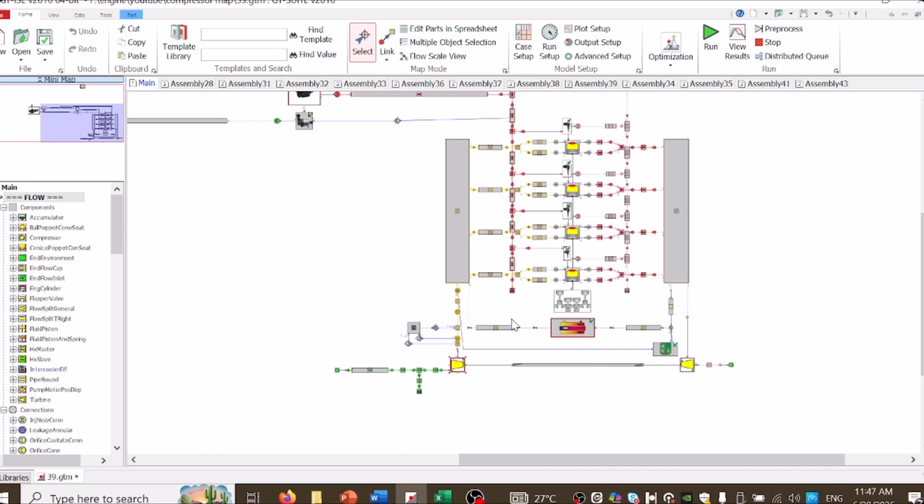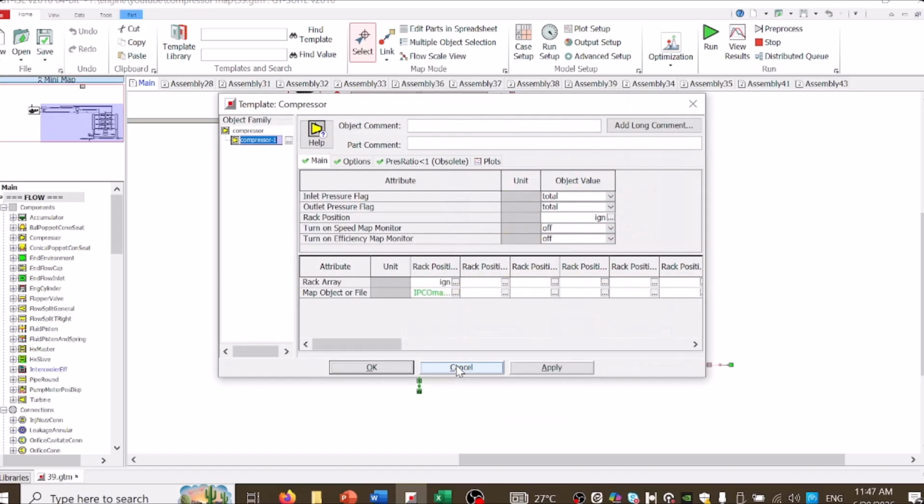I'm going to walk you through the compressor map. Right now we are working within GT Power software. This is a compressor section here, where you can enter your parameters. Let me explain these parameters.